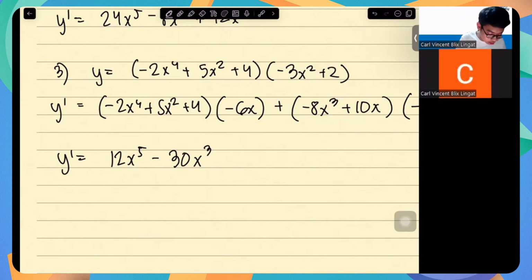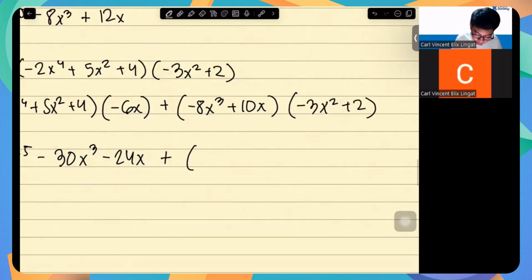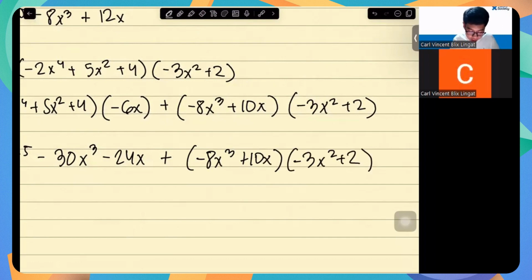Let me double check. 6 times 5, that's 30, right? Then negative 6 times 4, that's negative 24x, plus 8x cubed plus 10x times negative 3x squared plus 2. And that would be our final answer.